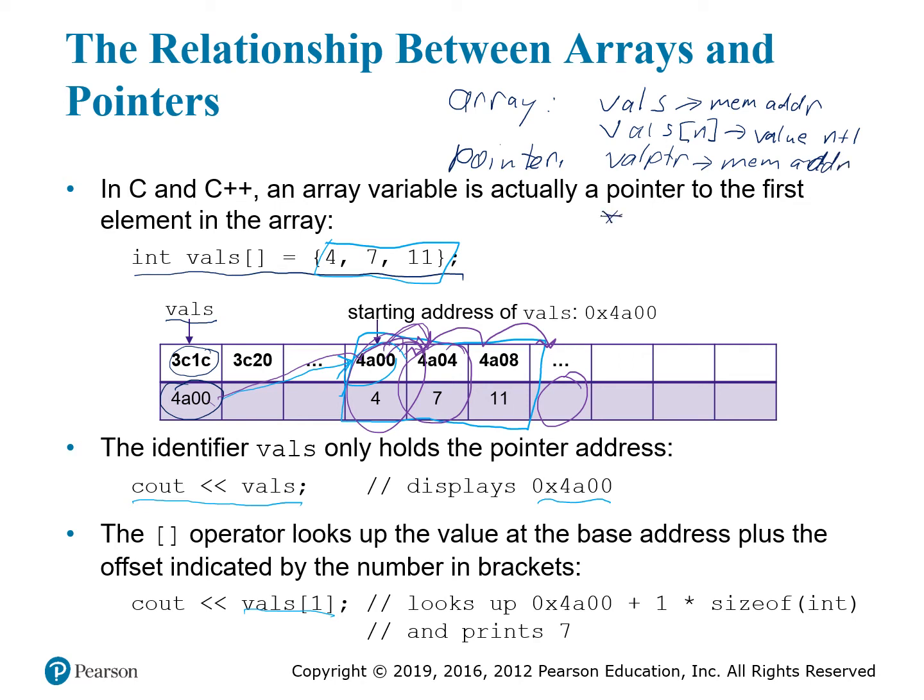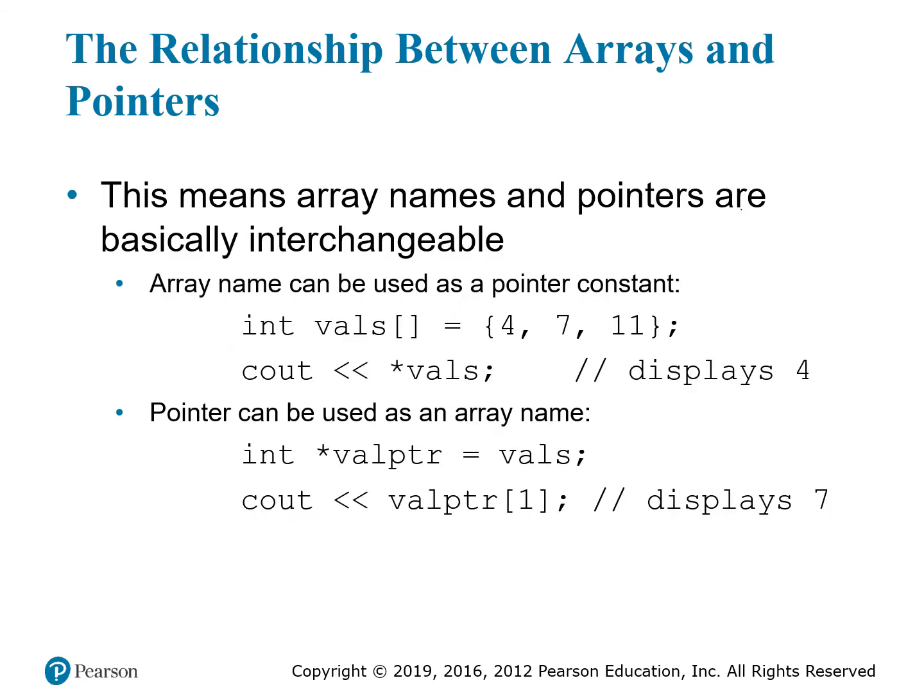Star val pointer points to the value at that memory address. Okay. So really the difference is which operator you use to dereference them.